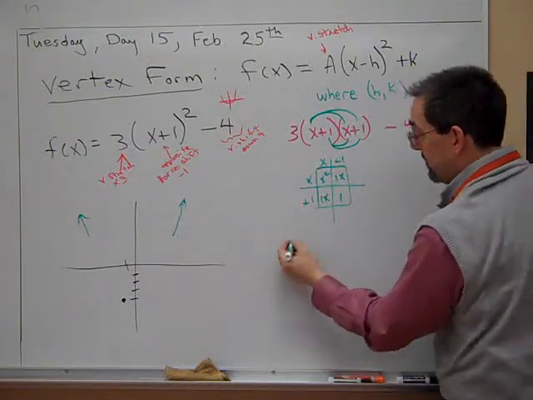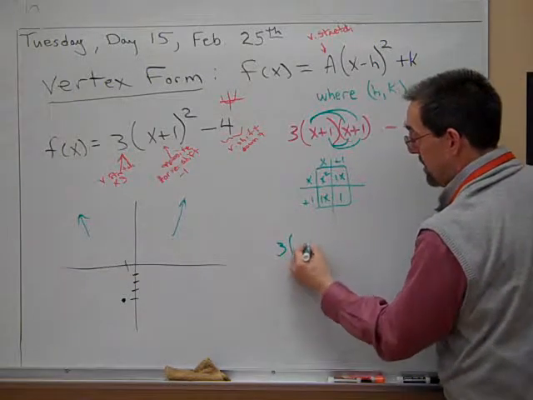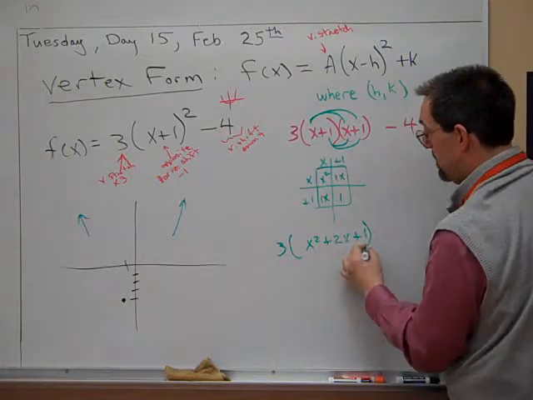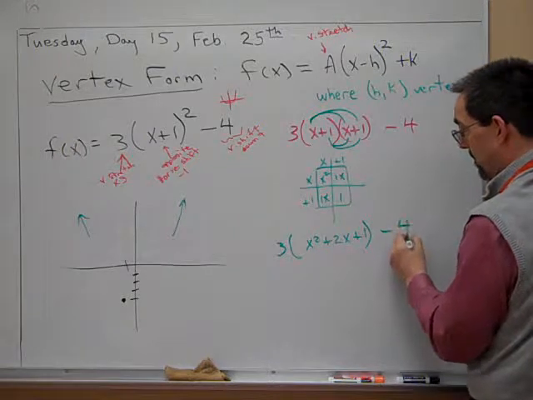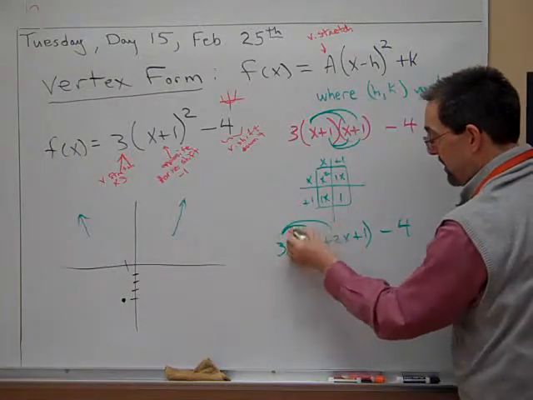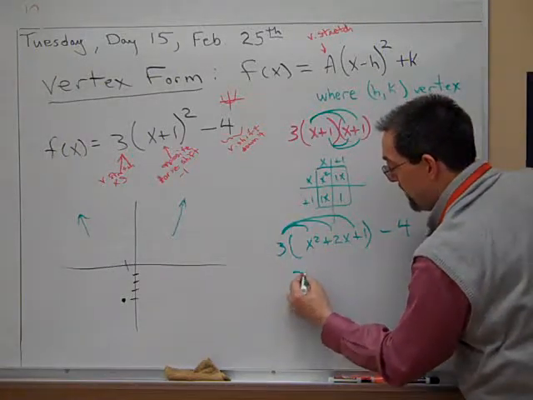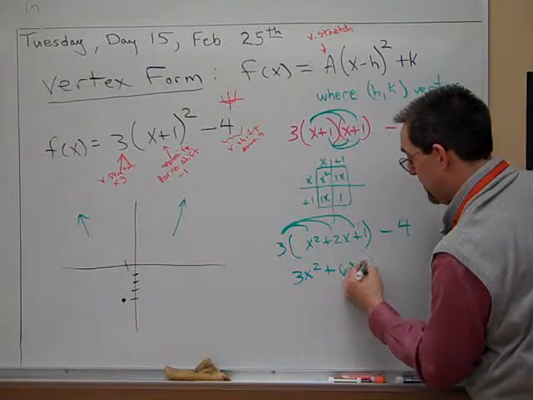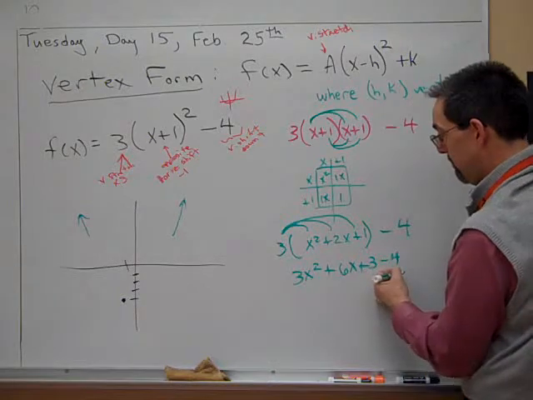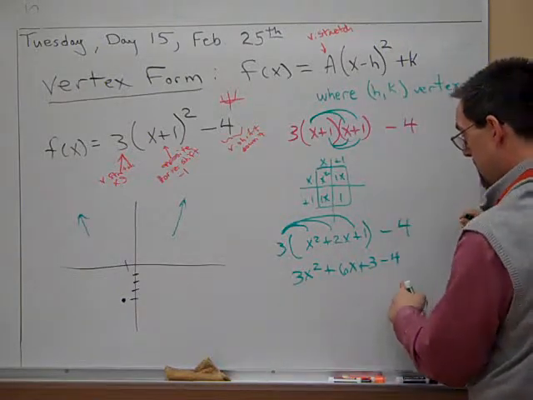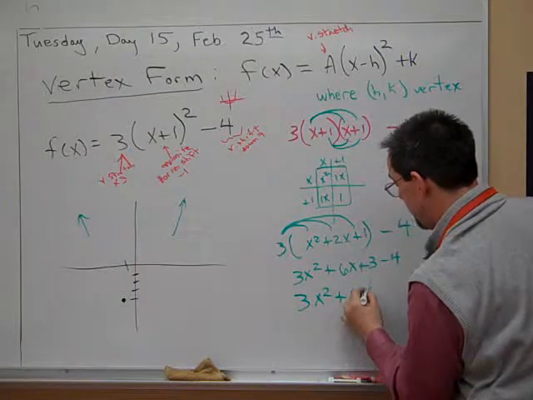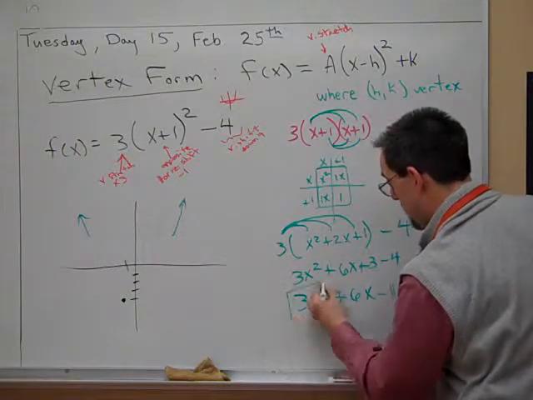Putting it all together, we're going to have 3 times x squared plus 2x plus 1. Bring it down, minus 4. Distribute the 3. 3x squared plus 6x plus 3 minus 4. Finally, 3x squared plus 6x minus 1.